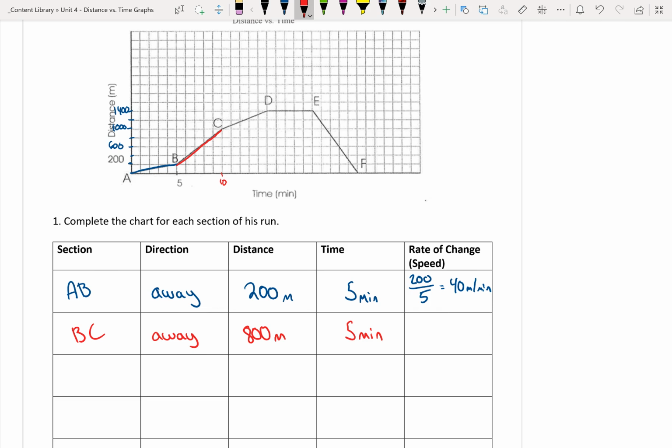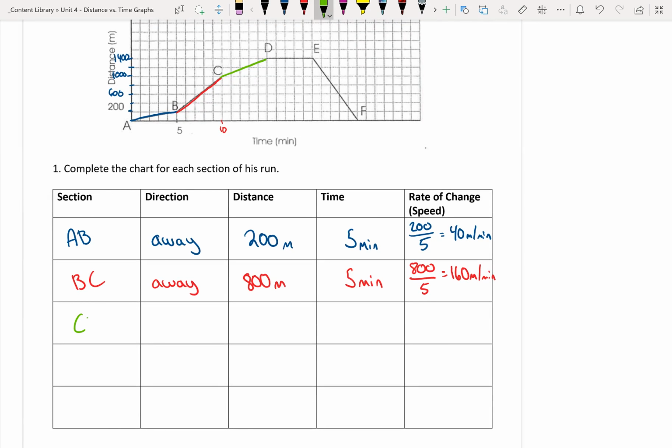While we finish 10 minutes into his journey, this segment only starts at 5. So 5 to 10 means a time of 5 minutes. To find the speed, 800 divided by 5 works out to 160 meters per minute for our speed.